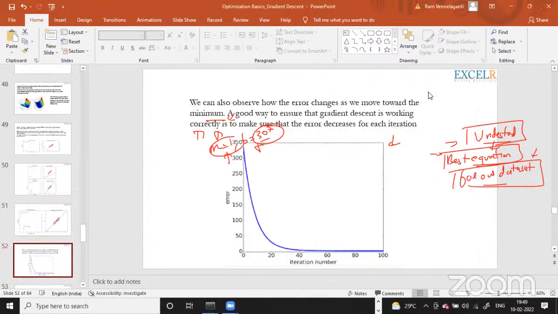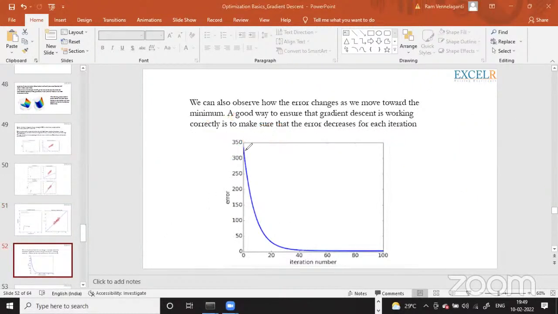So try to follow our concept. What are we doing? We are trying to experiment with different values of slope and intercept in every iteration. After every iteration, you are improving your slope and intercept values.